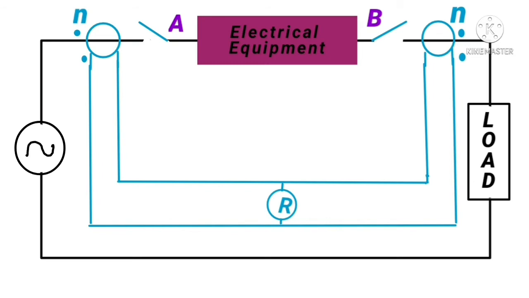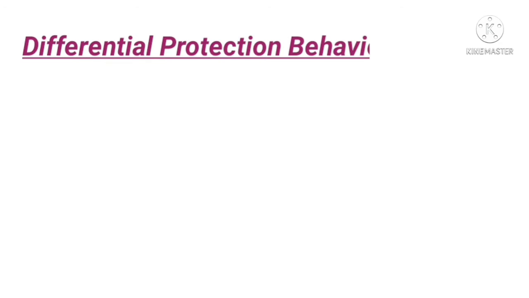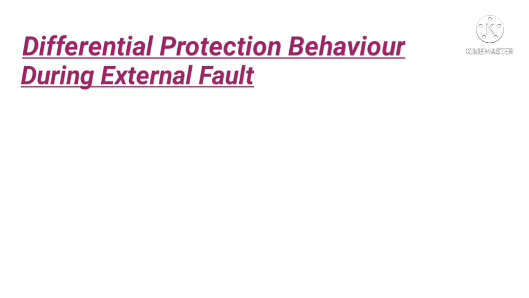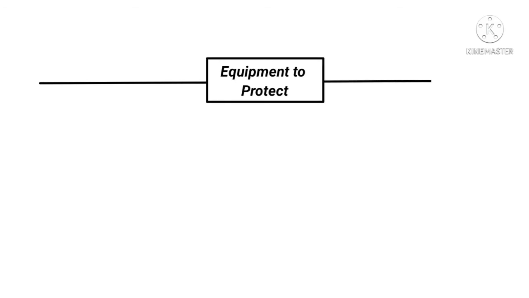So we have studied two cases, one without fault and one with an internal fault. Now we will consider how differential protection will behave with an external fault. The basic philosophy of differential protection is just to protect the equipment, and it should not respond to any kind of external fault. Let's consider again the same circuit.